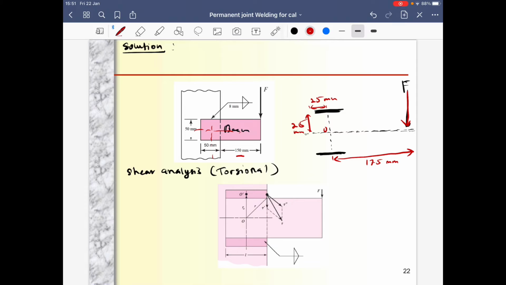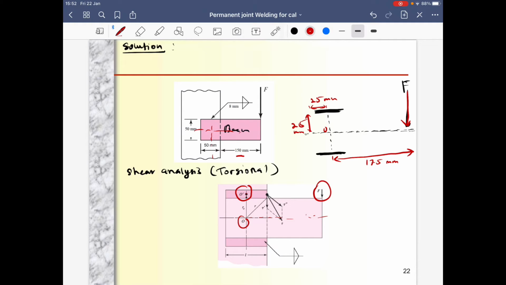How? The diagram is almost the same. We have the force here and the centroid, at the center of the weld. Whenever the force tries to bend the beam, the shear stress occurs in two conditions.